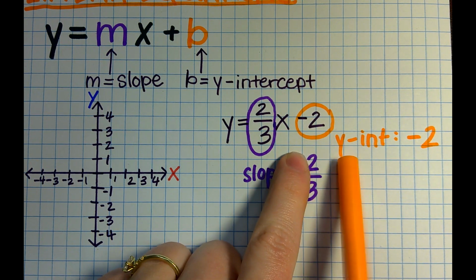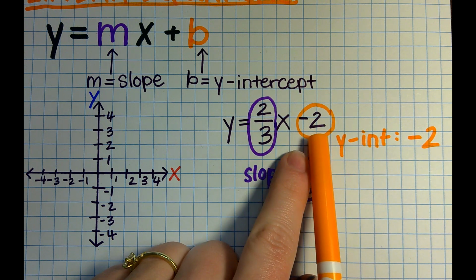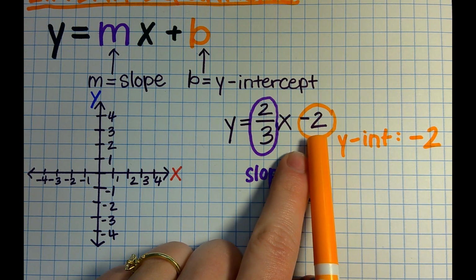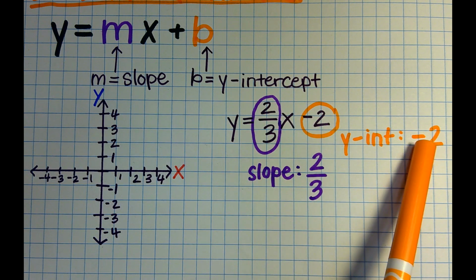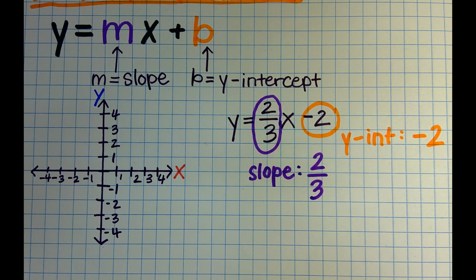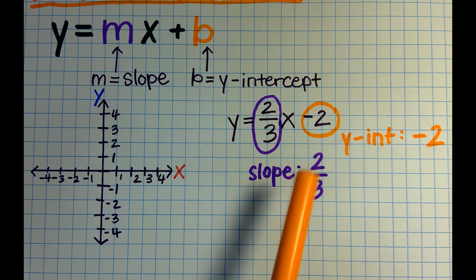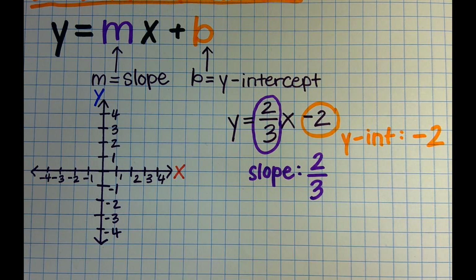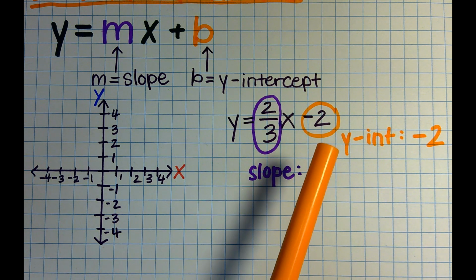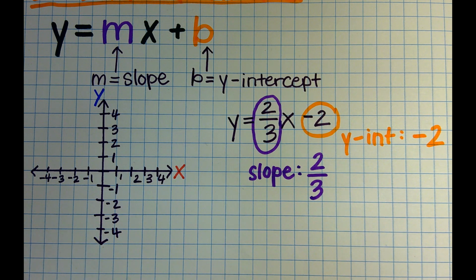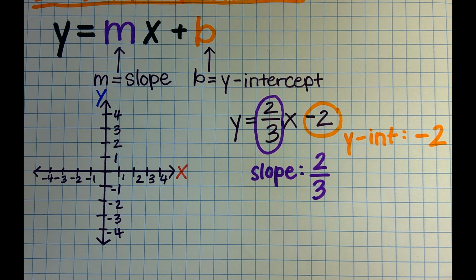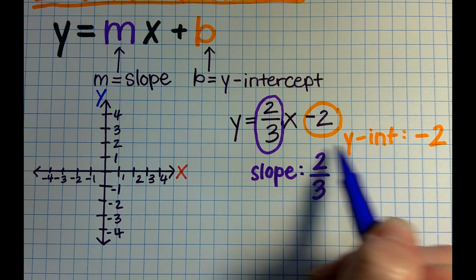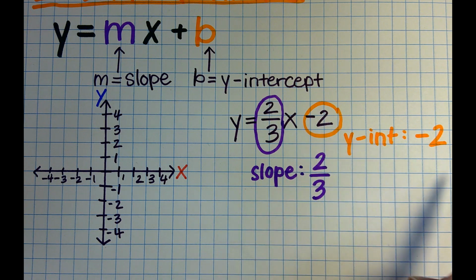This number, the y-intercept, tells us where I will touch the y-axis. It's giving you a y value. So if the y-intercept is -2, where am I touching the y-axis? At -2. So first we're going to graph this y-intercept, -2.